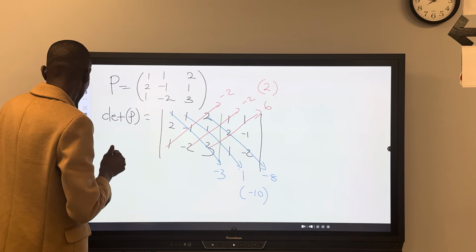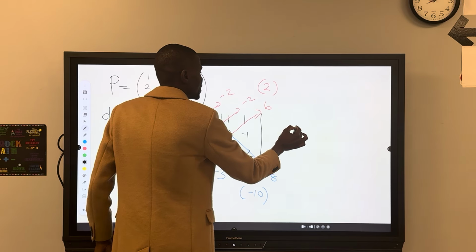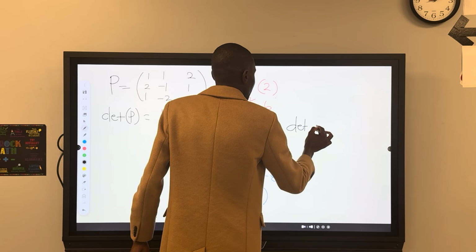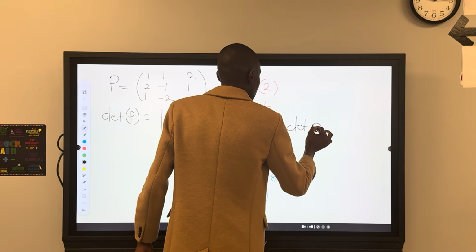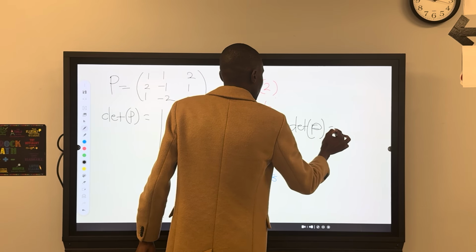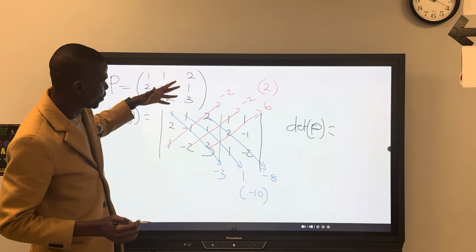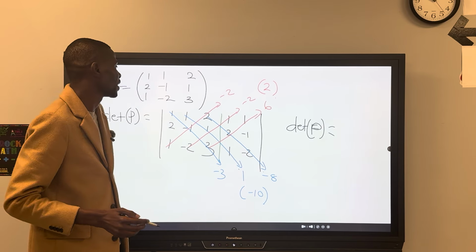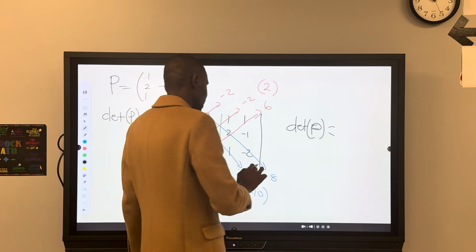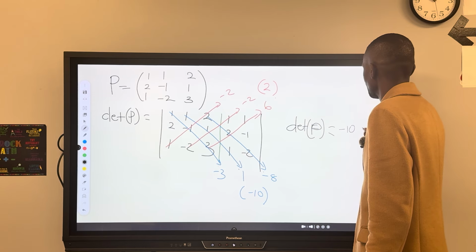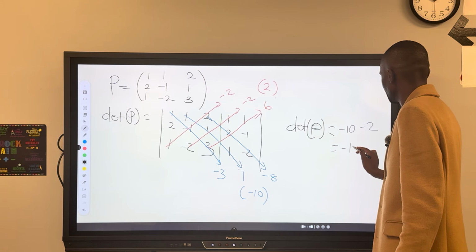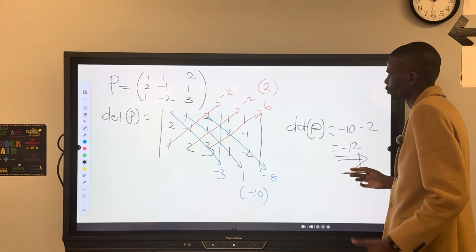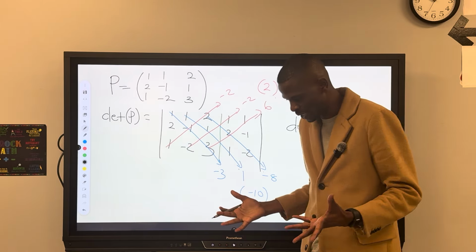For basket weave, the determinant of P is equal to the sum along the blue diagonals minus the sum along the red diagonals. So it's just -10 subtracting 2. So our determinant is -12. This is one of the methods we can use.